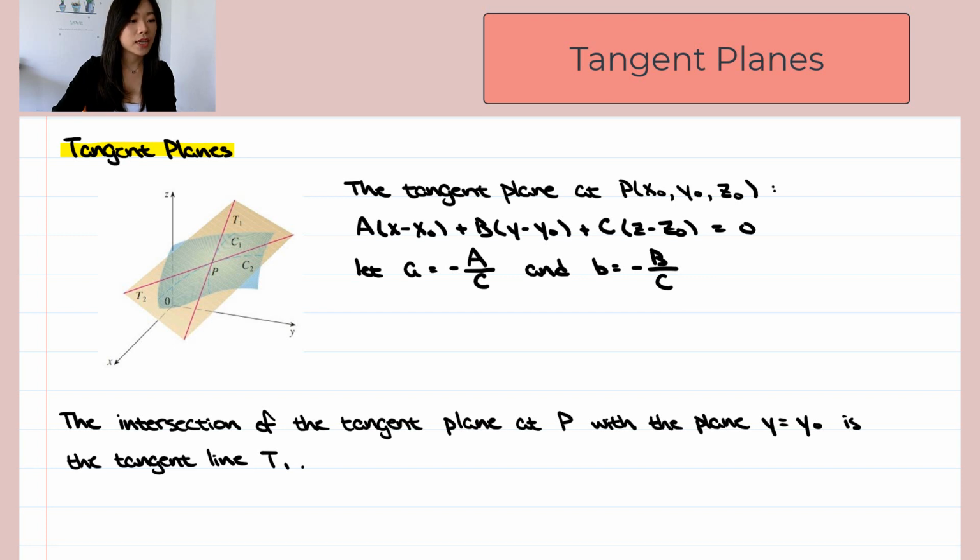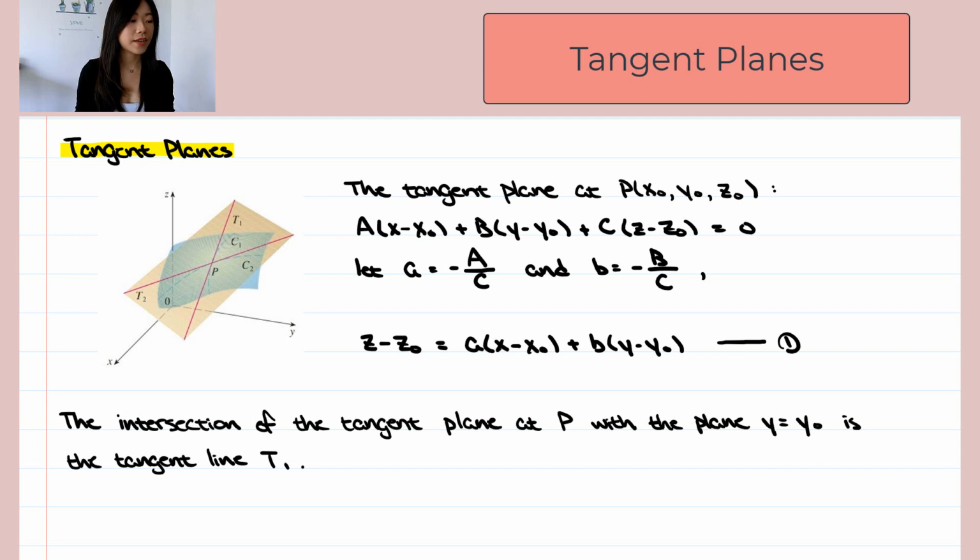Then if I substitute this, I can rewrite this equation of the plane as z minus z0 equals the A that I just defined times x minus x0, plus B times y minus y0. And let's call this equation 1.